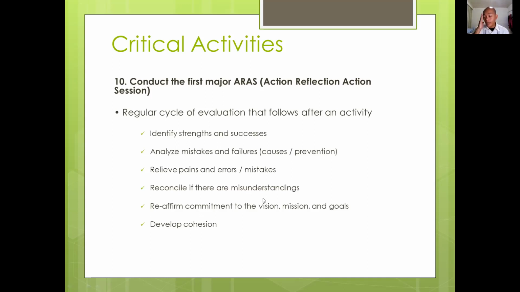If you have to, kung may nasaktan kayong or na-insulto kayong kagawad, you have to settle everything. Okay? ARAS also helps us reaffirm commitment to the vision, mission, and goals. Okay, so once, sige, I accept your apology. Okay, let's go back to work. Okay, let's focus again at the vision, the mission, and the goals of our team.